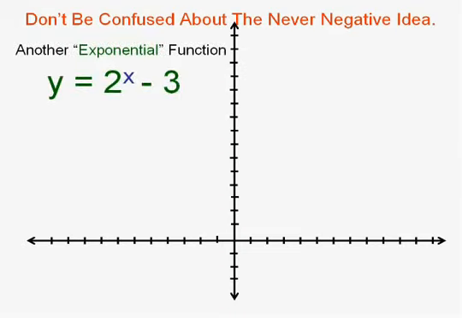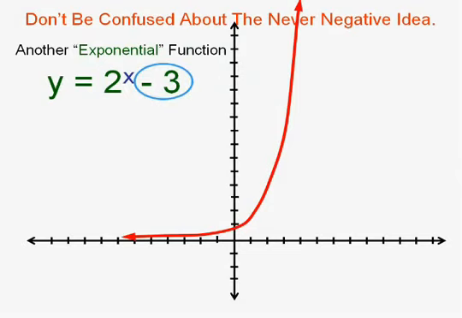For instance, if we look at the same function, but let's add a negative 3 on the end of it, that's where y equals 2 to the x. If we look at what y equals 2 to the x minus 3 is, what's that going to do to the graph of the function? Well, it's going to lower it 3, isn't it?